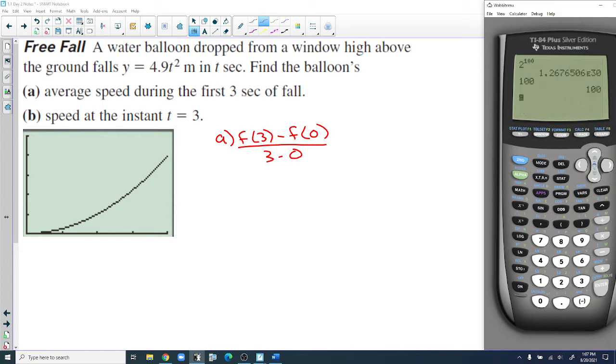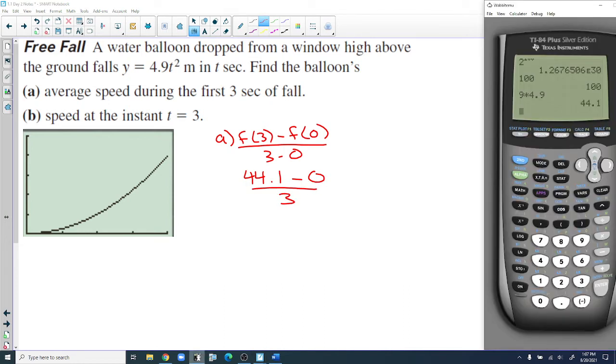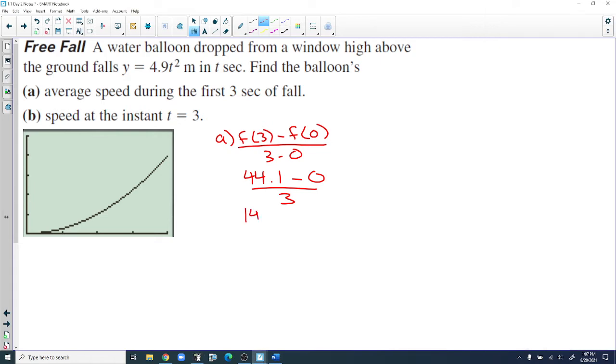Let's clear that. 9 times 4.9, and that's 44.1. Minus 0 over 3, and we need to divide 44.1 divided by 3. And we get 14.7. That's going to be meters per second.